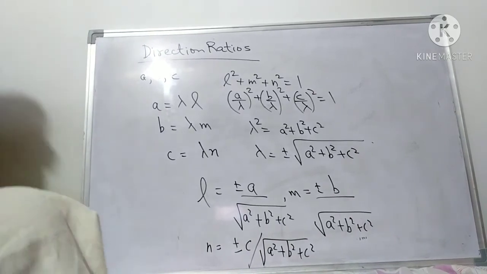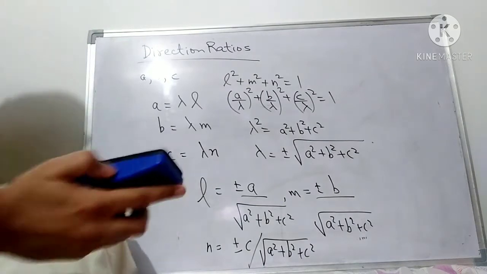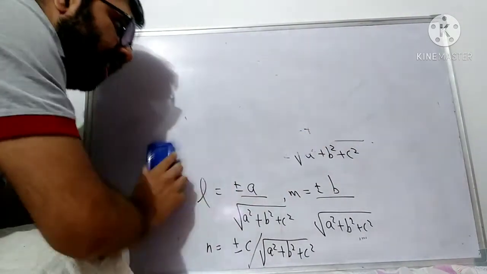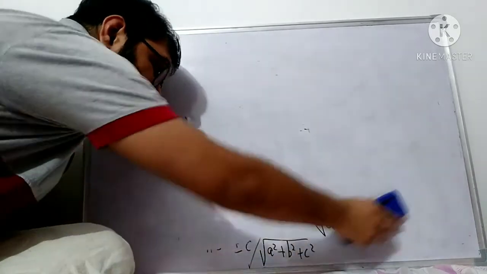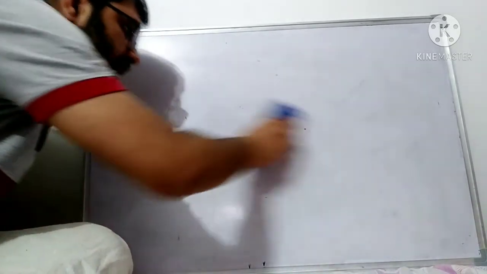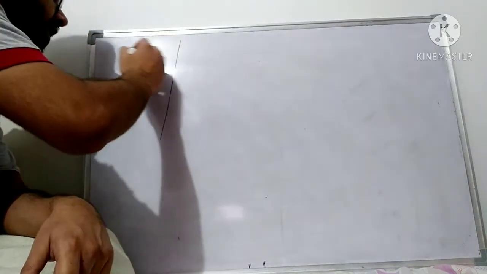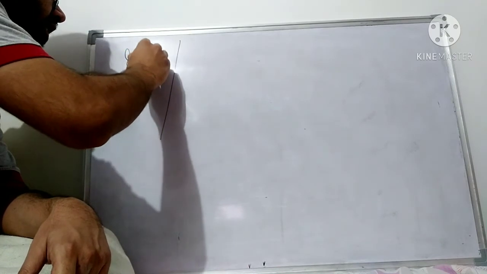Okay, so continuing further, we talked about the distance formula, direction cosines and direction ratios. Now suppose I want to write the direction cosines for the internal angle bisector of two lines. I have this line whose direction cosines are L1, M1 and N1.